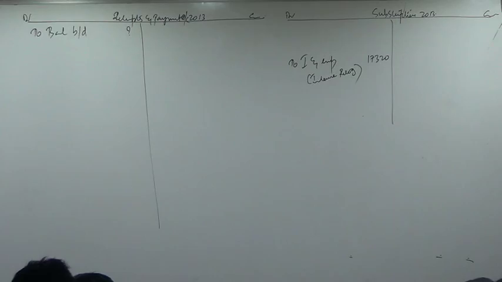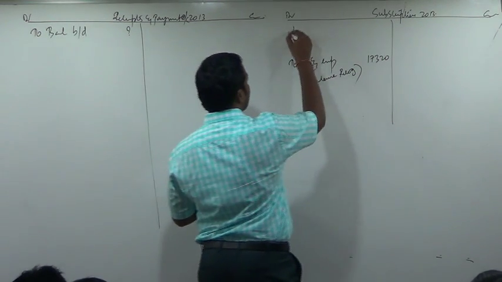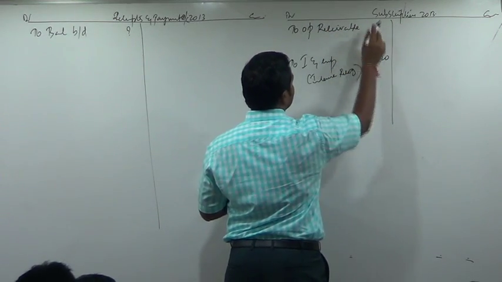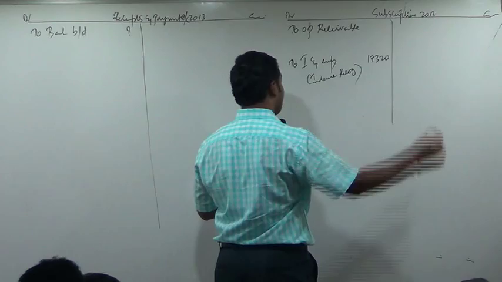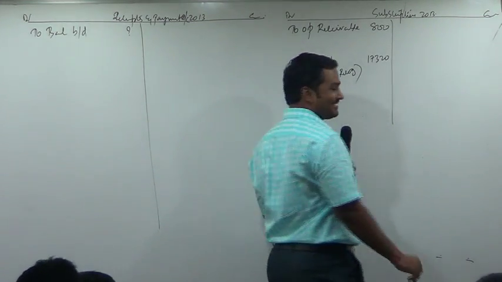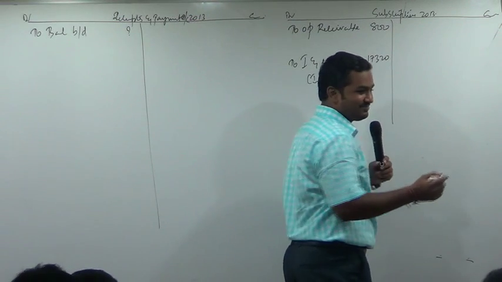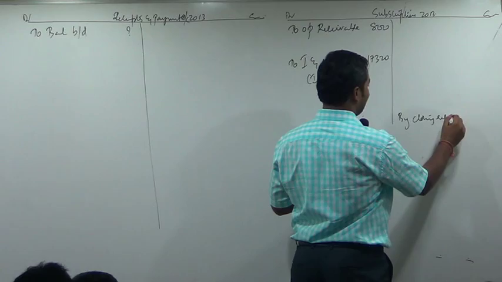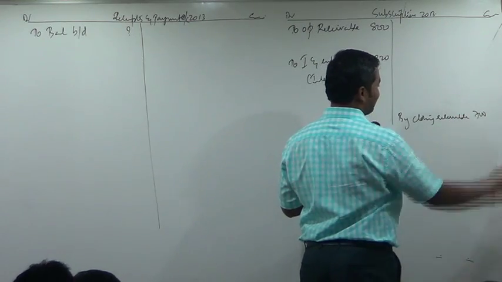Subscription receivable in 11-12 was 800. Opening receivable is shown on the debit side. To opening receivable, how much? 800. Closing receivable, by closing receivable, given in the problem, 700.